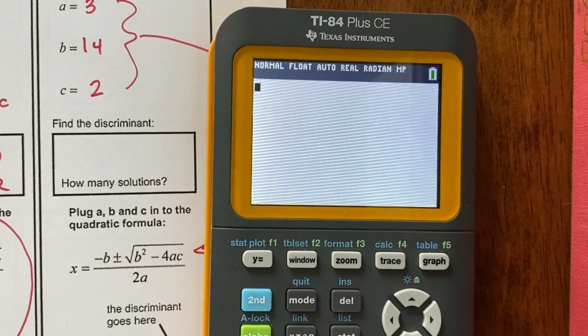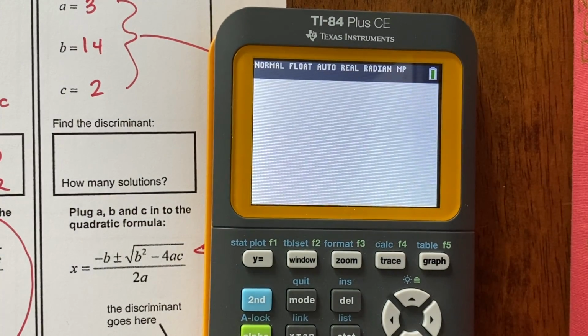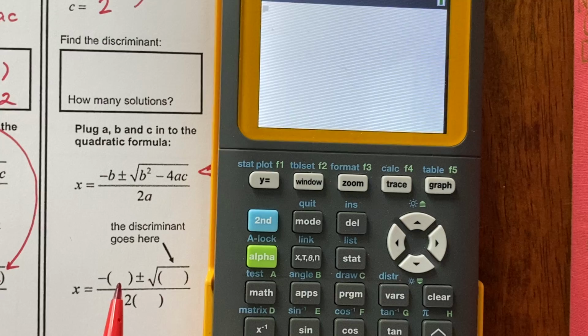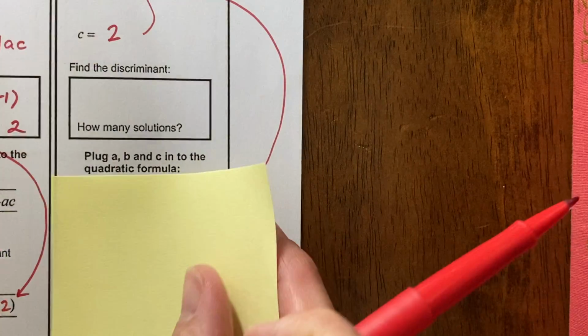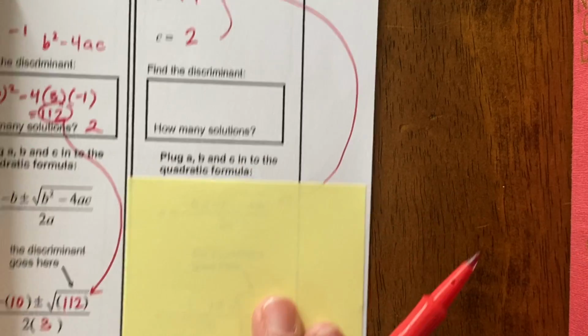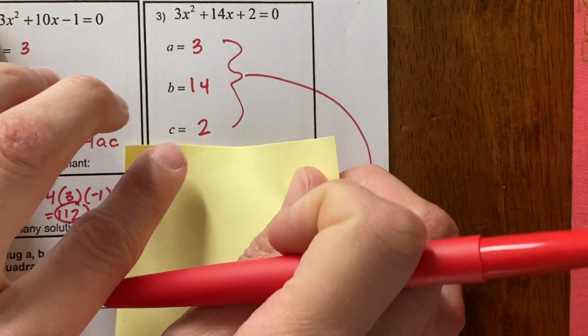So what this is going to look like, let me get a piece of paper here so we can kind of see. So instead of having the discriminant here that you're going to plug in, you're actually just going to put the entire formula in, okay?